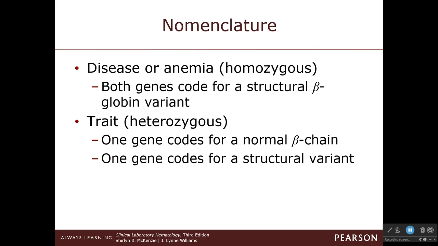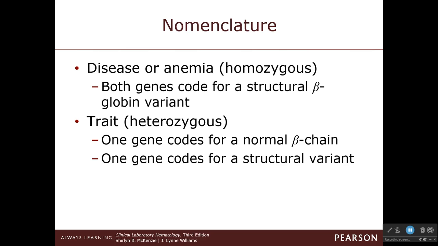So, disease or anemia. Anytime we talk about disease or anemia, we're talking about homozygous. You're going to see it written like this from here on out. Sorry, I think they actually use a capital letter. Beta A is normal, because that's what we should make.